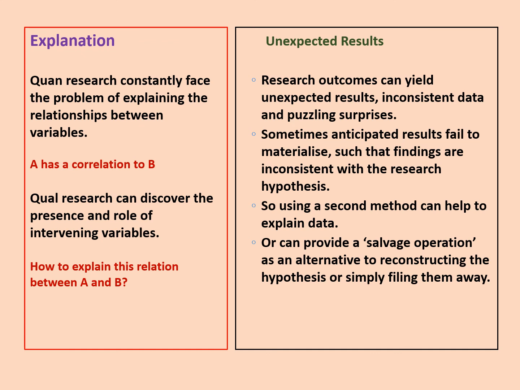In these cases, we may use alternative methods from a different approach in order to try and explain better the conclusions we arrive at, which seem to be puzzling or inconsistent with our hypotheses and assumptions. So using a method or a series of methods from another approach, either quantitative or qualitative, may help us salvage the research study itself.